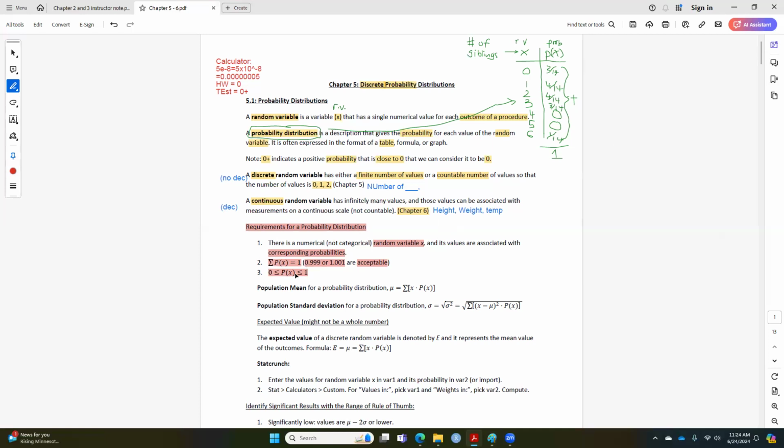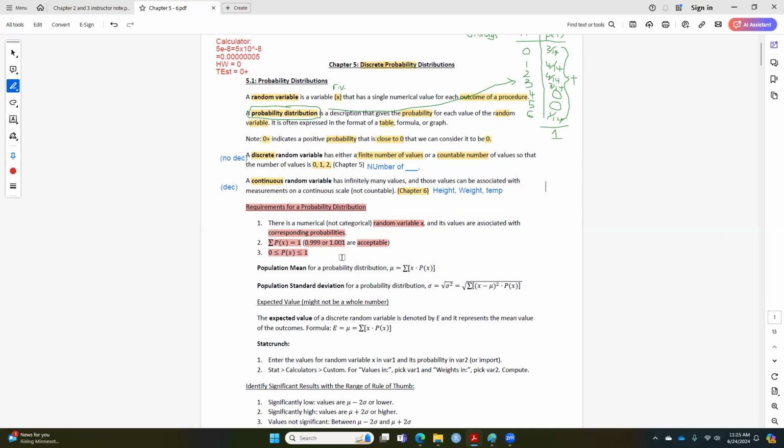So your probability is always between 0 and 1 inclusive. If you fulfill all these 3 requirements, then you get what we call a probability distribution. Okay. So this is how we do this type of question to figure out whether it is a probability distribution.